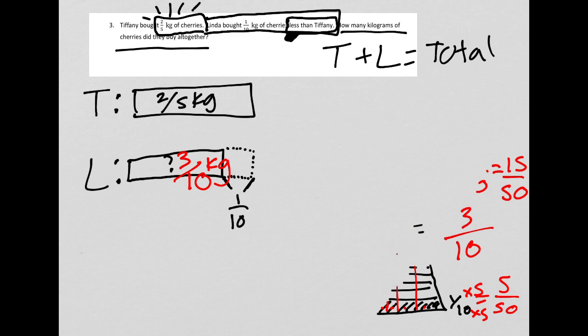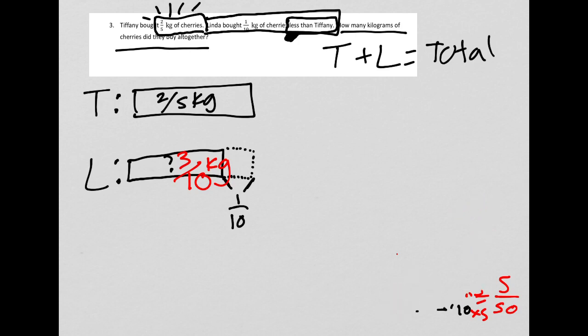Because altogether, this means I'm going to be doing my addition now. And I'm doing Tiffany plus Linda. So Tiffany is 2/5. Actually, I want that in black. Tiffany is 2/5 plus Linda, which is 3/10.